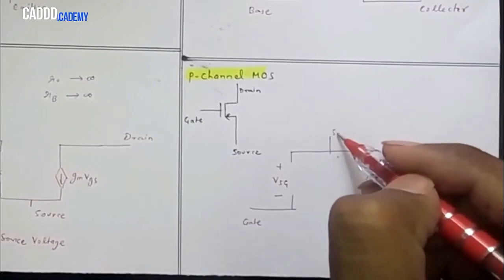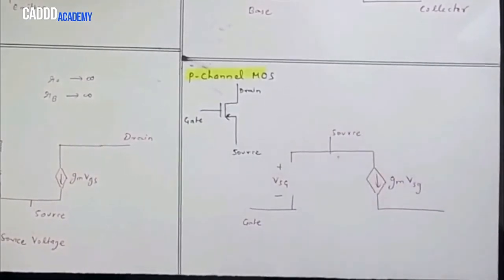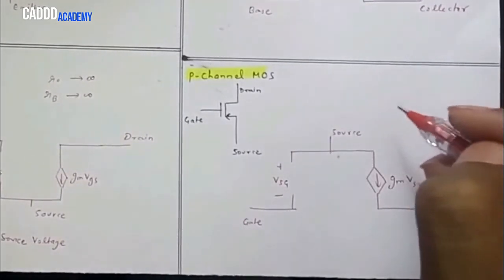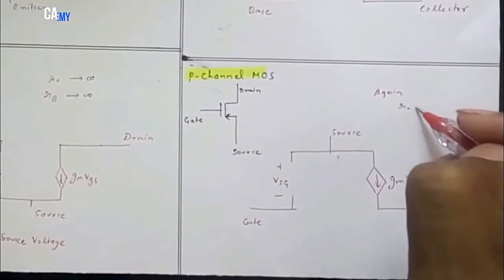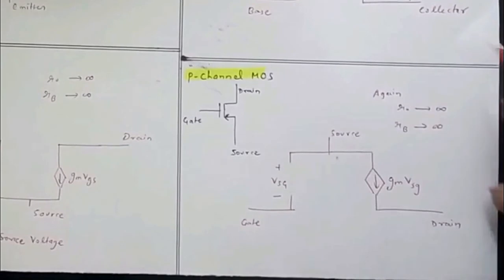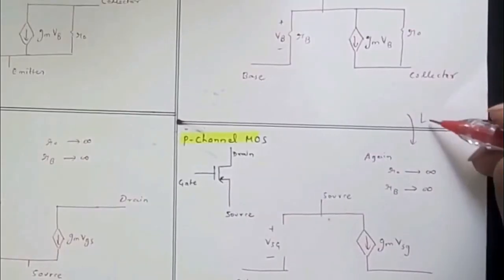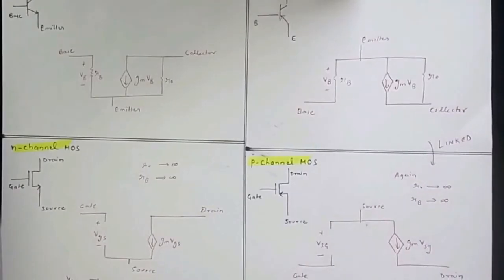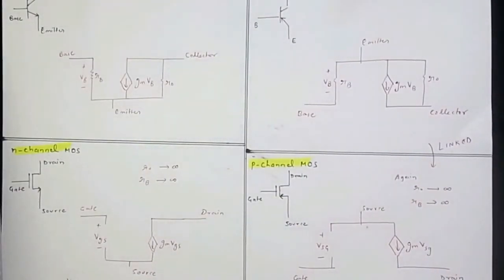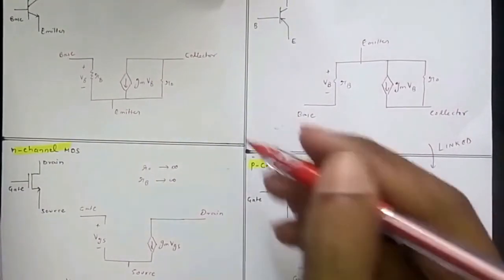This is the source terminal, and this is the drain terminal. Again the R0 is open circuited and the RB is open circuited when we are comparing this with PNP. So this is the link between PNP and P-channel MOSFET, and we have seen the link between NPN and N-channel MOSFET's small signal representation. Okay.